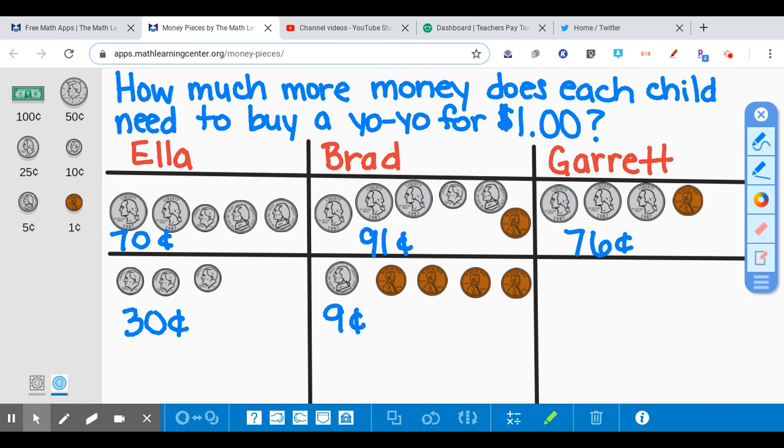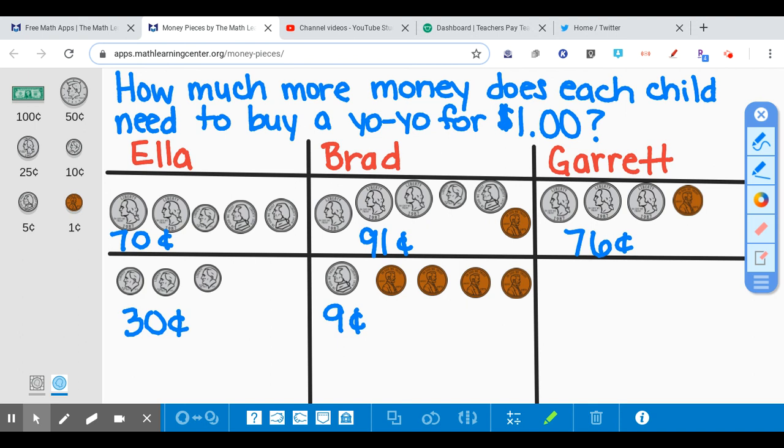All right. Now, if I'm at 76 cents, that's kind of a weird number. So what I would like to do is get to a 10, a number that's easier to work with, because I don't like to count from 76. It's a little hard. So if I'm starting at 76 and I want to get to my next 10, I would need to get to 80.